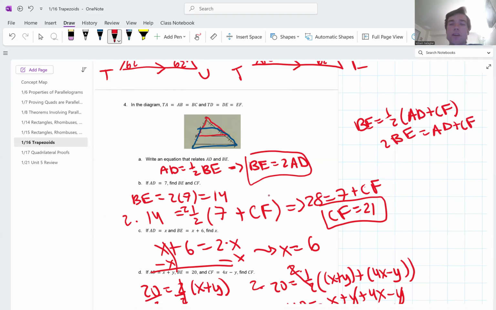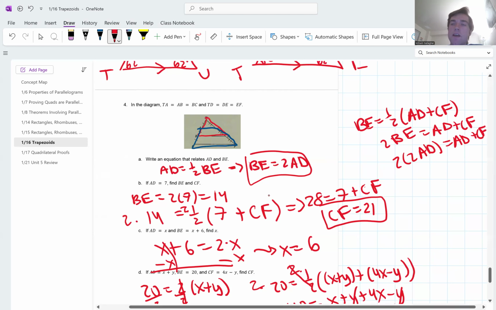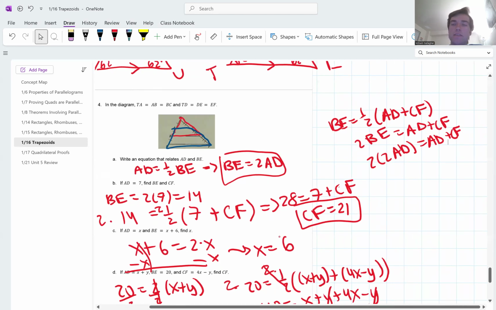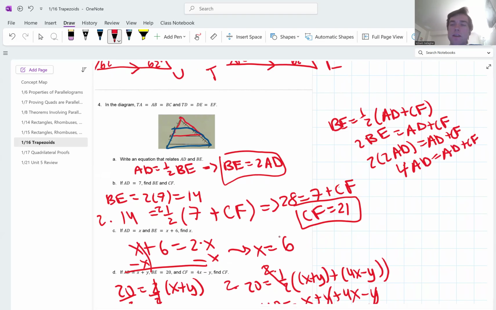But again, I know that BE is 2AD, so I can substitute this. And so I get 4AD is equal to AD plus CF. And so 3AD is equal to CF.